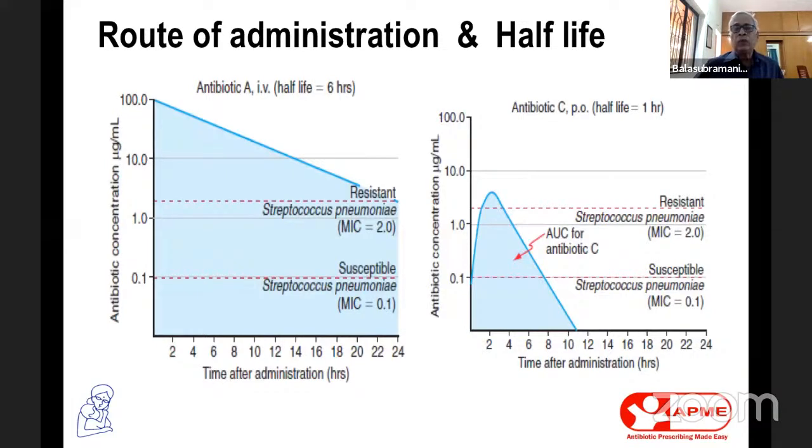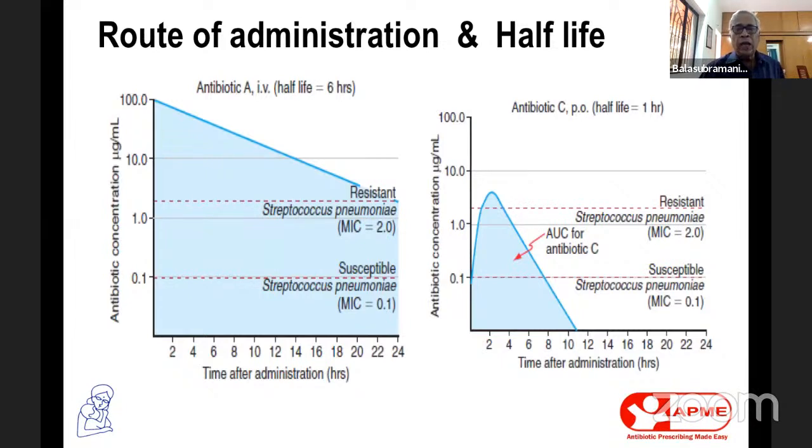For example, for lesions where there is no biofilm formation, for example, in meningitis, you want to maintain a higher concentration since the MICs are arbitrarily kept high. That is because you want to ensure that meningitis is cured. On the other hand, if you have a lesion in the ear or in the lung, the MICs are low.